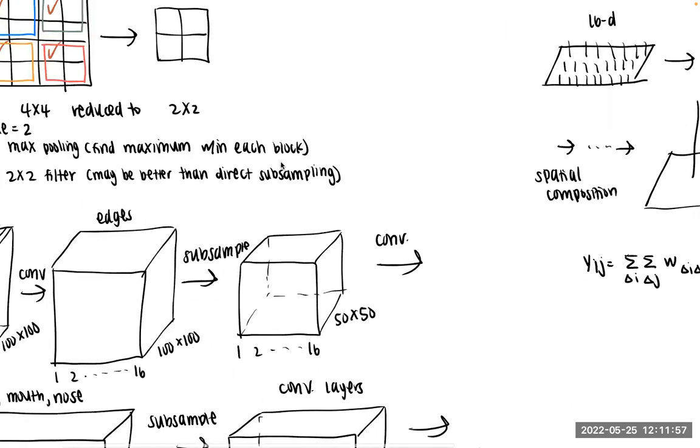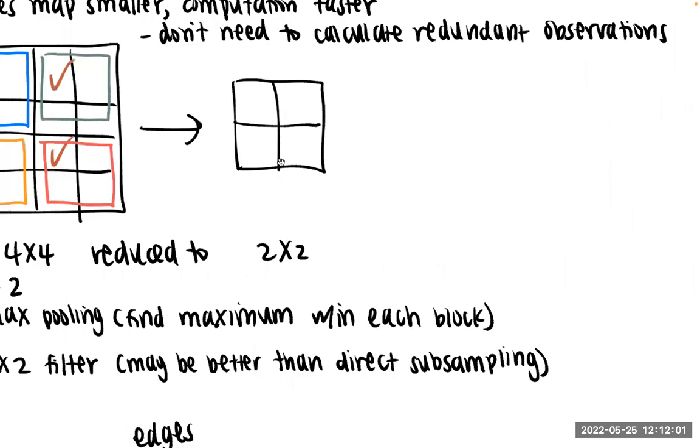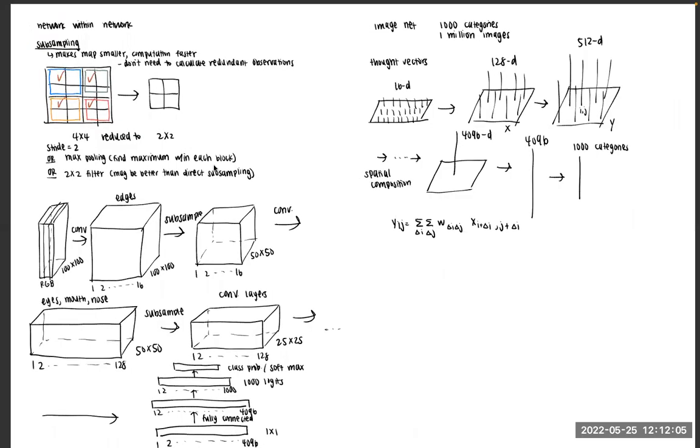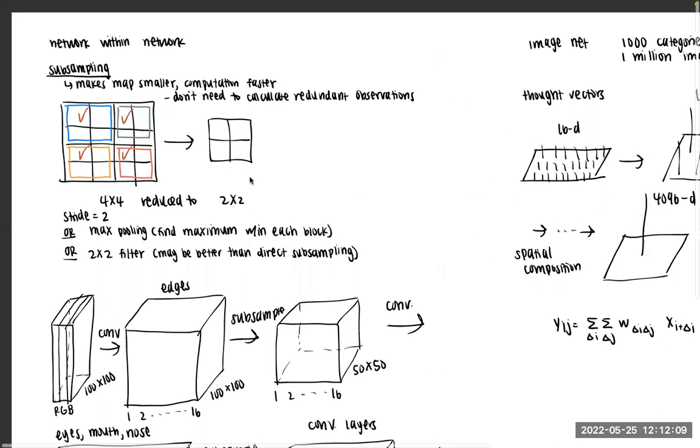So after this convolutional operation, we can then also perform subsampling. Suppose we have this map, and we just want to make our map smaller.